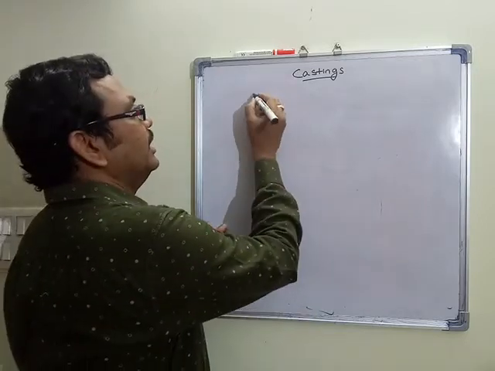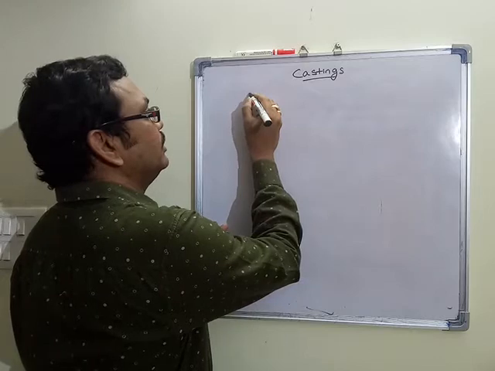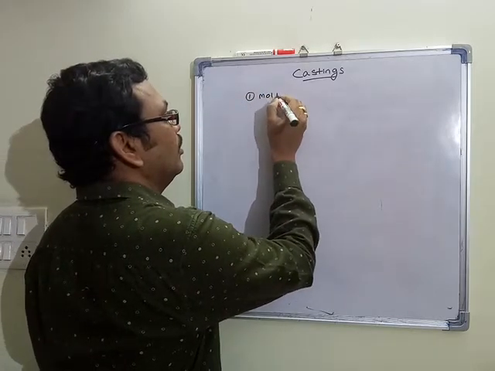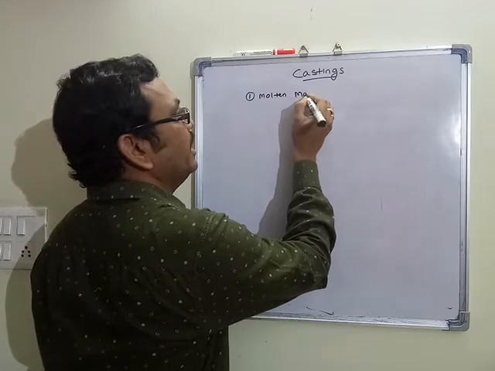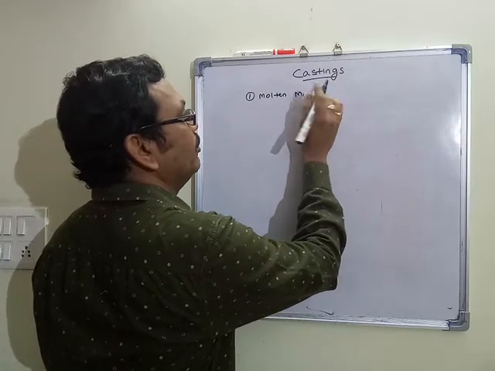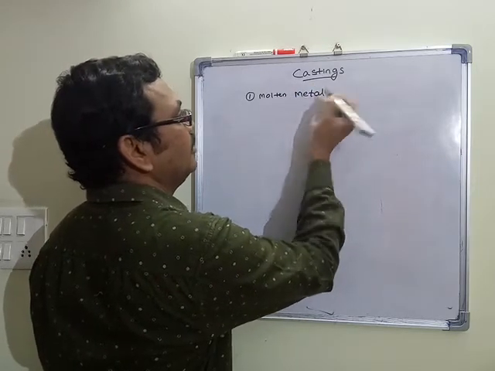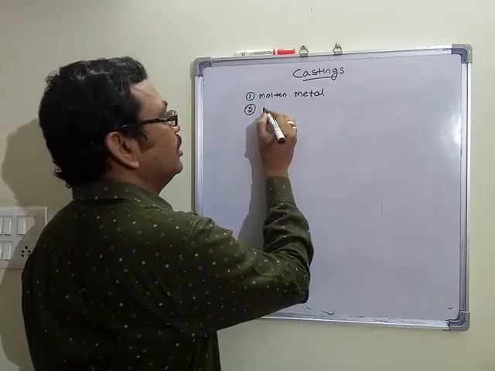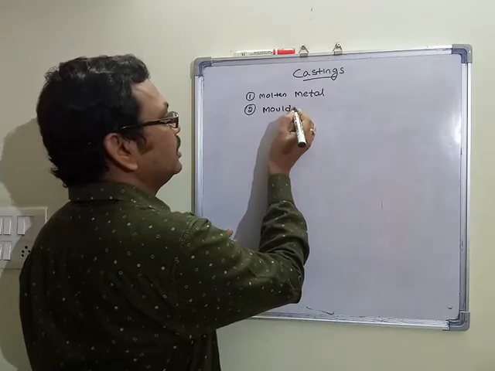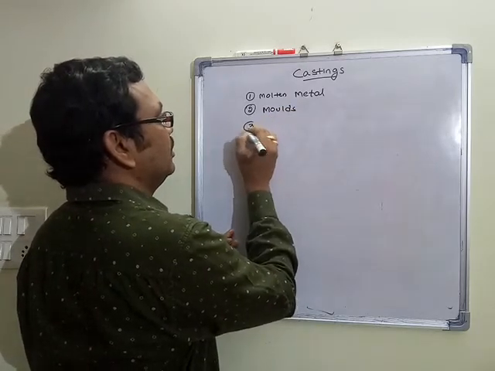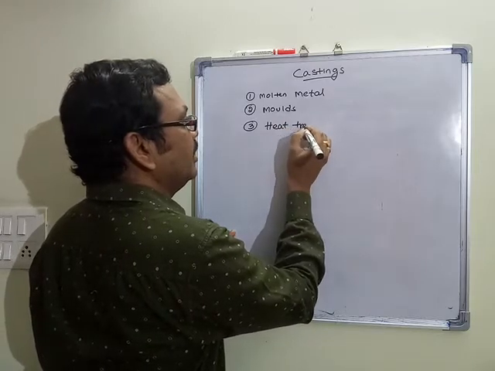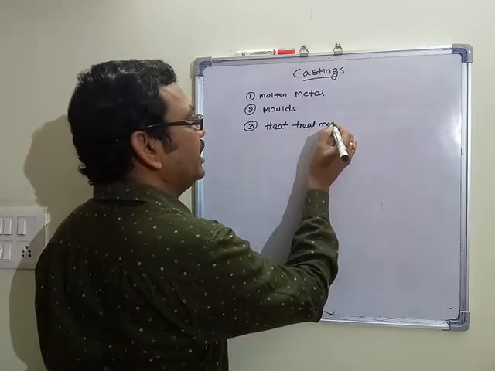So in this we use a molten material or metal, we call as metal. Next we use molds. Next we use heat treatment.